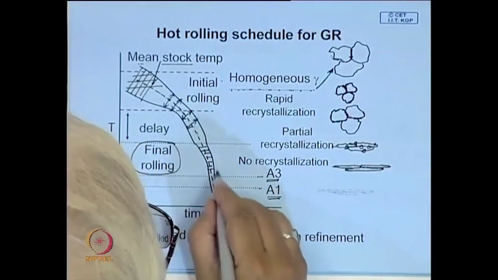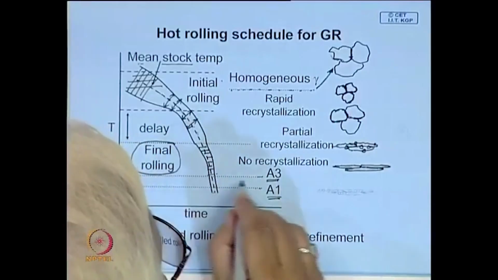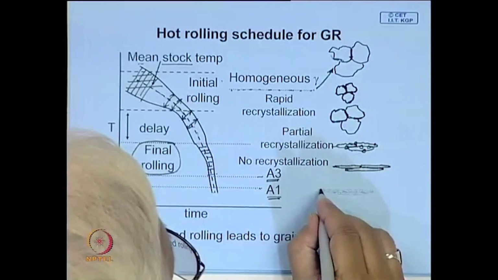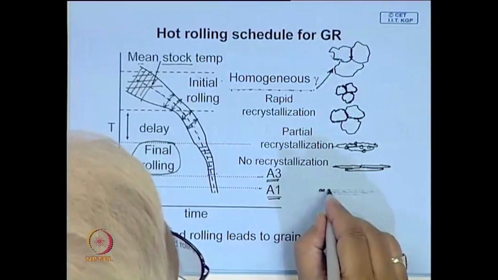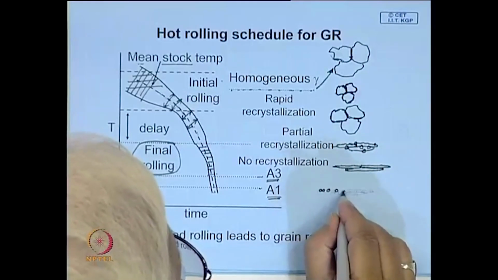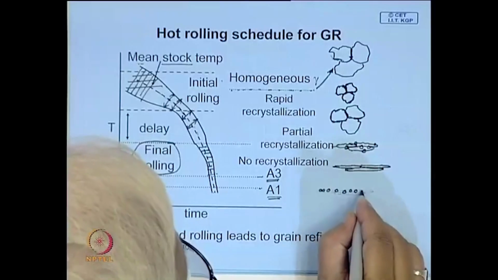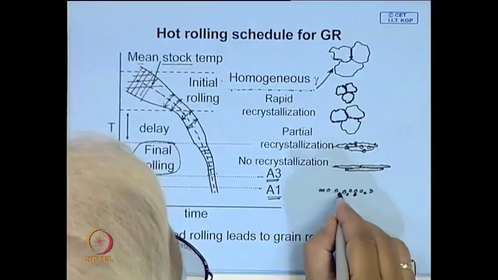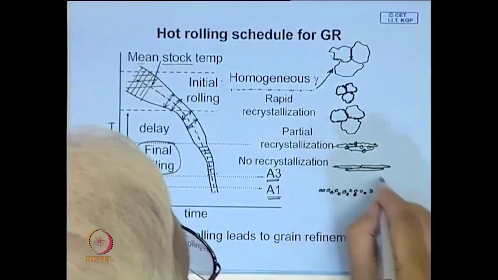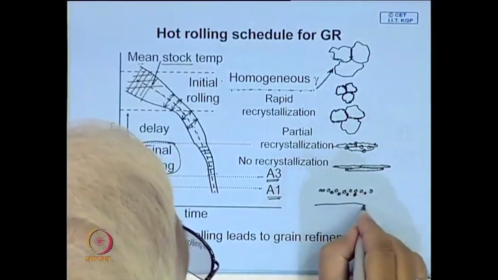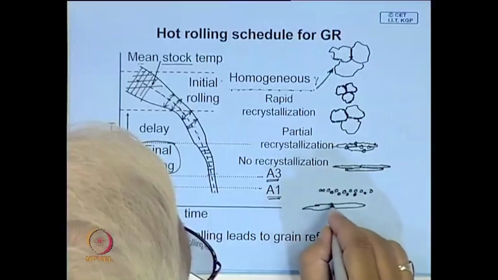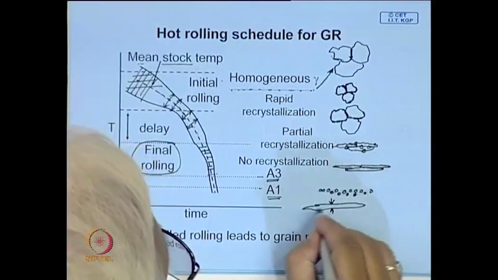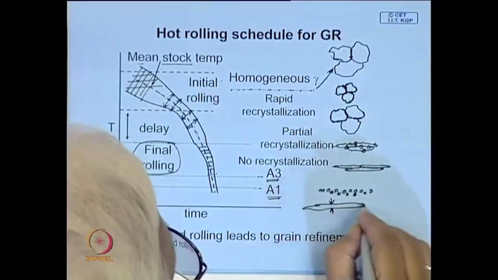By the time your work is over and you allow it to cool, the grains which form are fine; these are the ferrite grains which will nucleate, particularly because this austenite grain which has been rolled is very thin and has very large surface area where grains can nucleate.